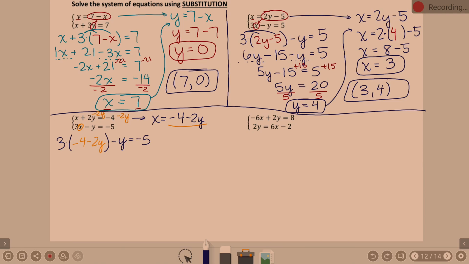You need to distribute the 3. 3 times negative 4 is negative 12. 3 times minus 2y is minus 6y minus 1y equals negative 5. Now what?